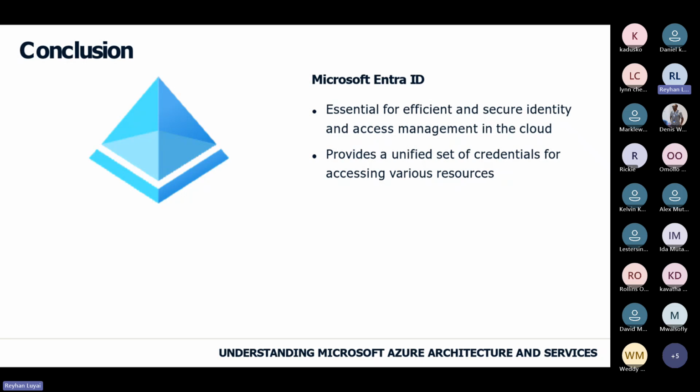So it makes it easier for users and ensures consistent security measures in the organization. Without it, organizations may find it challenging to efficiently revoke access and adjust permissions. And it will also increase the risk of unauthorized access and data breaches in the cloud.